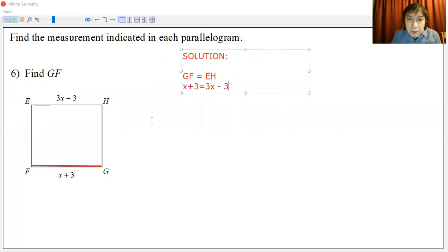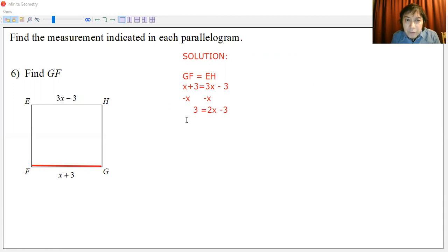So we solve the equation by way of subtraction. We subtract x from both sides. Next line, we will have 3 at the left side. And this is equal to 2x minus 3 there.